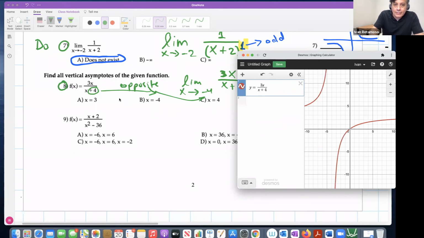We are trying to figure out what happened at -4. -4 is here. You're approaching from the right, going to infinity, from the left, going to infinity. This is enough to say that this is a vertical asymptote, right? You see it? So you go from the left, positive infinity, from the right, negative infinity, right?